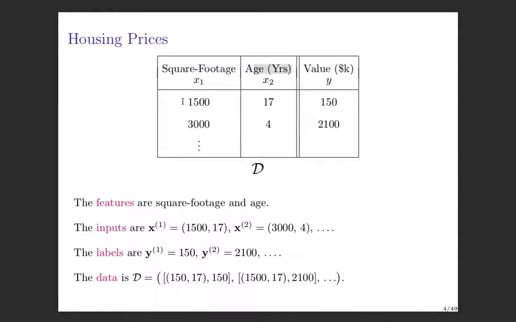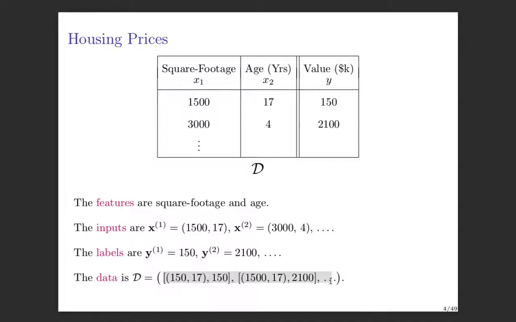These features are collected into vectors called inputs. And then the inputs are associated with labels, which are called y's. Then I'm going to collect all of the inputs with their labels into pairs. So I have these feature-label pairs, which I'm going to collect into a set called data.